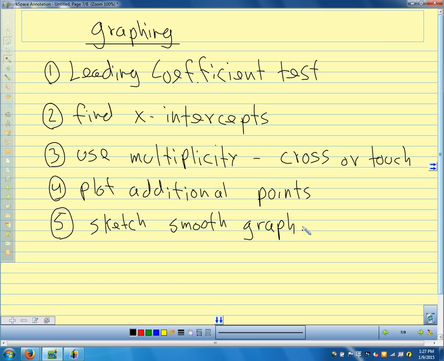So we connect our points that we found with a smooth graph. So some of your homework problems will ask you to sketch a graph, and on a quiz or a test I'd ask you to do that without using your calculator. So you'd have to use all of these ideas to sketch your graph.